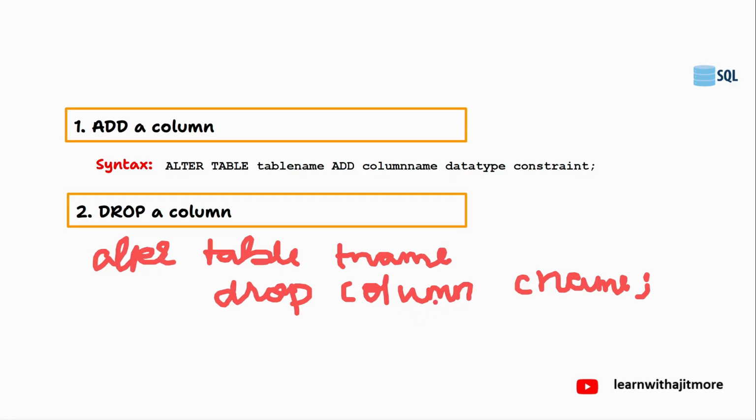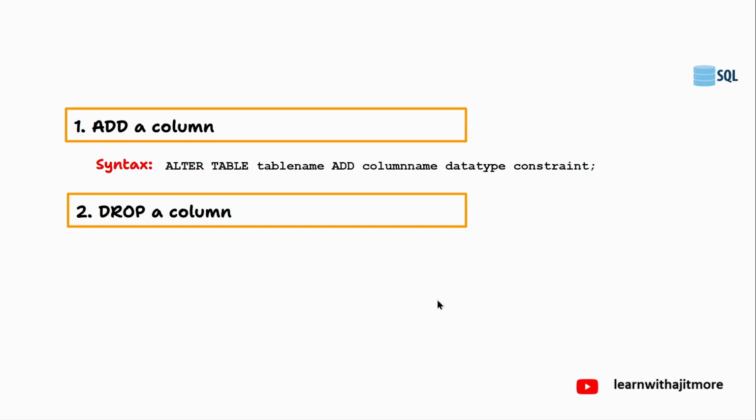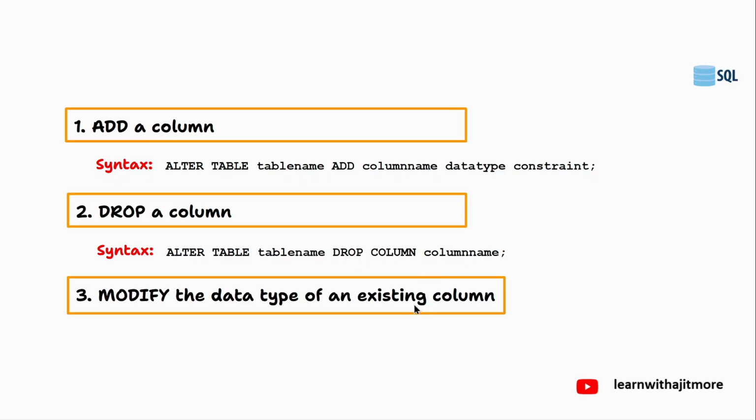Now they are giving the option because they are saying anyway, when you are using drop in an alter, you're dropping a column only. But it's a good practice to use that word because you're clarifying what is being dropped. The column is getting dropped. Okay? Syntax is like this: alter table name, drop column name.